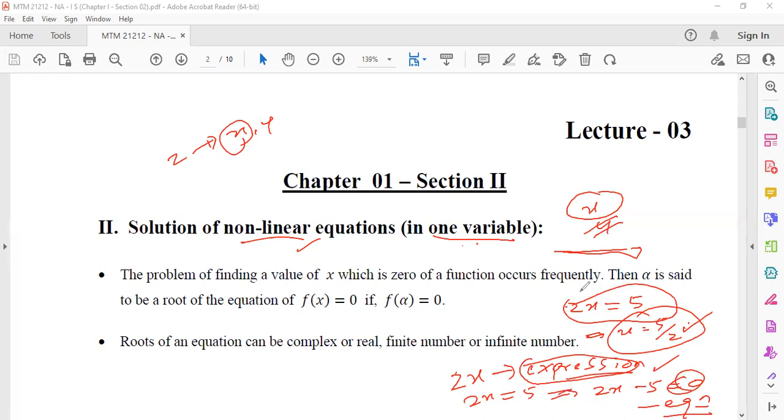So in the linear case, we already know this, even from ODE and PDE we have seen it. If the power is 1, we call it a linear case. Here also, if it is 2x equal to 5, we are going to involve one variable.